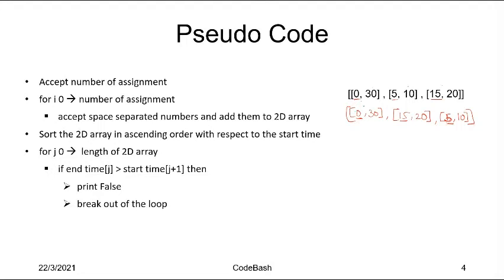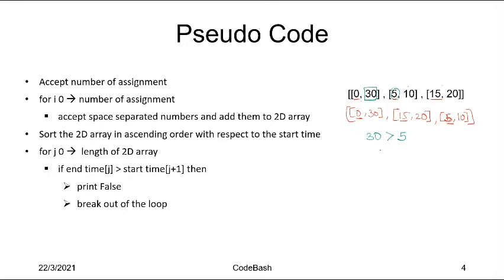So suppose we are starting our for loop from 0. So the end time for flight 1, which is 30, we check if this is greater than the start time for the next flight. So we check if 30 is greater than 5.